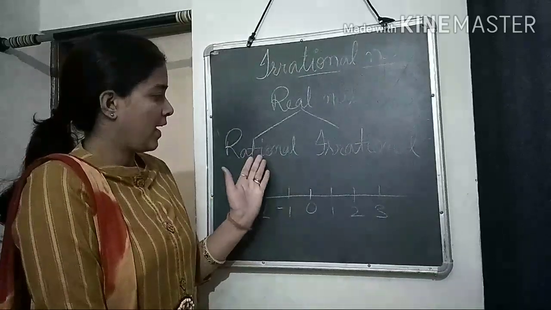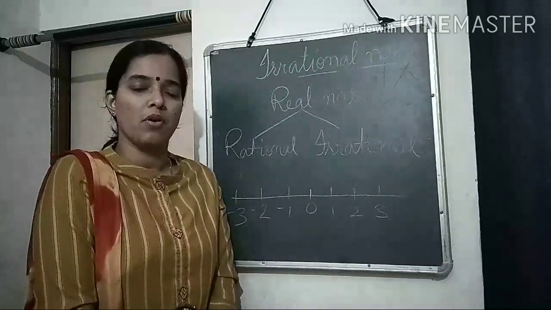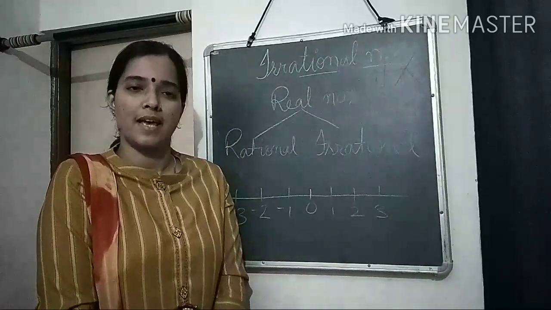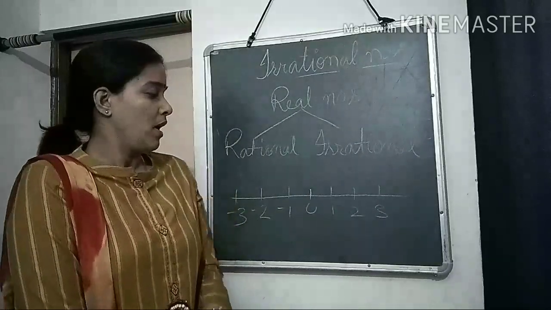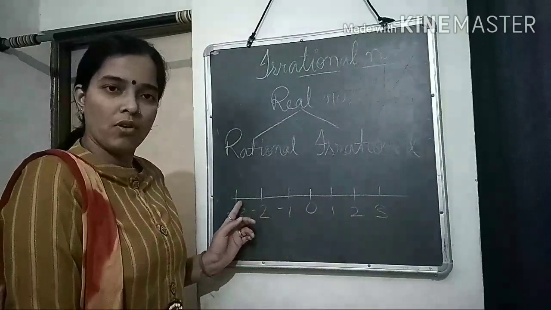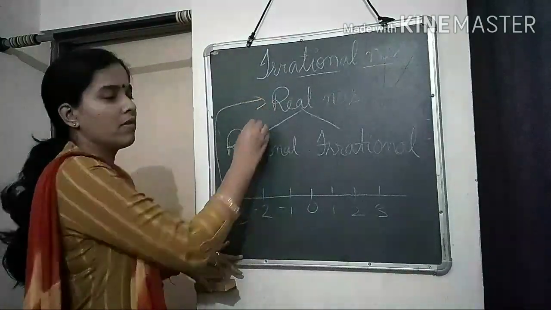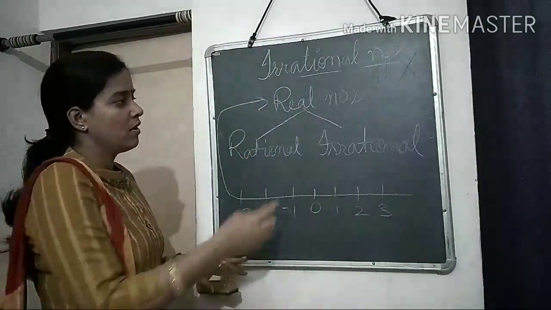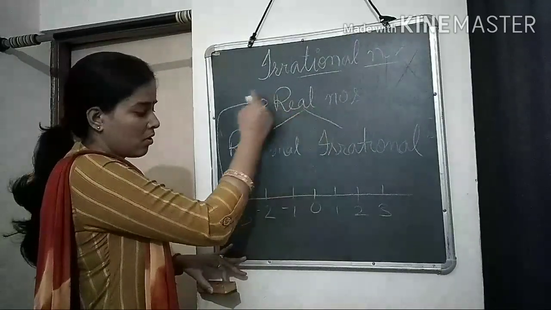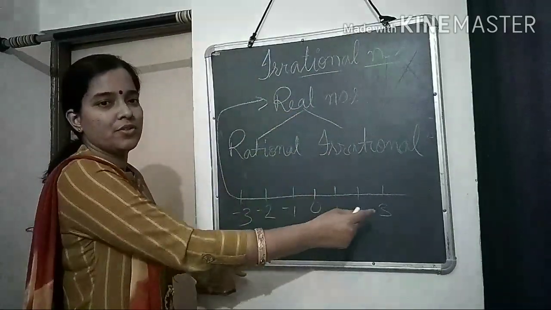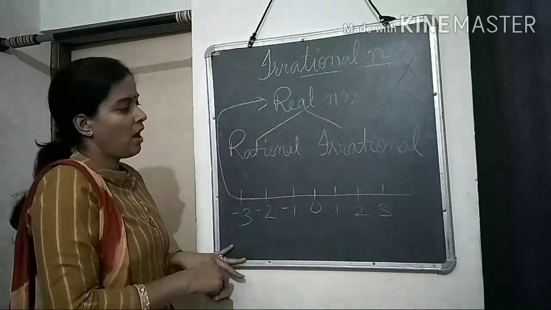In the same way, like rational numbers, we can plot the irrational numbers as well. So, every point on the number line corresponds to a real number, or every real number corresponds to a point on the number line. How to do it now?